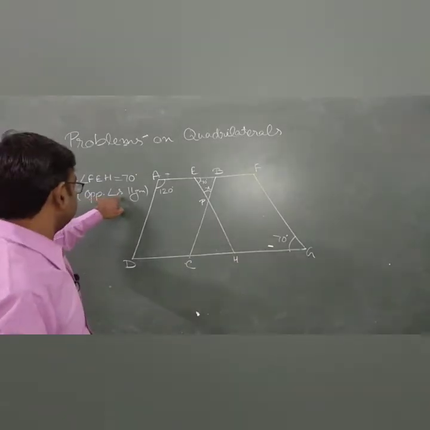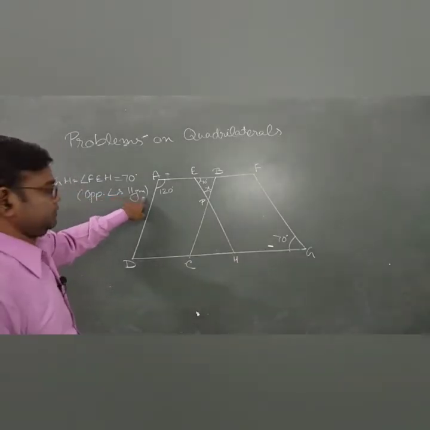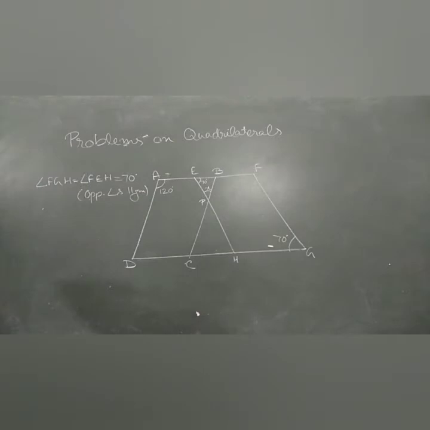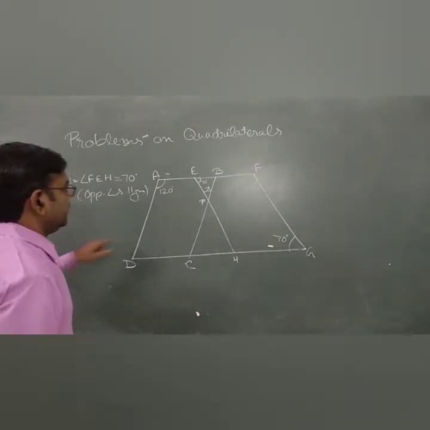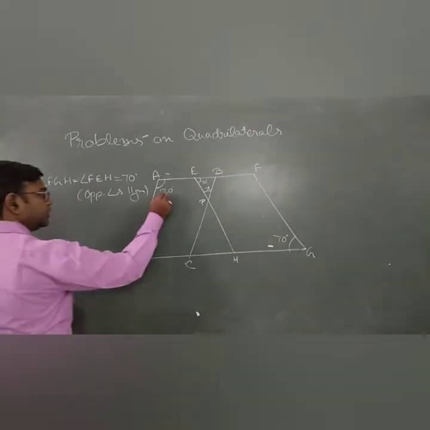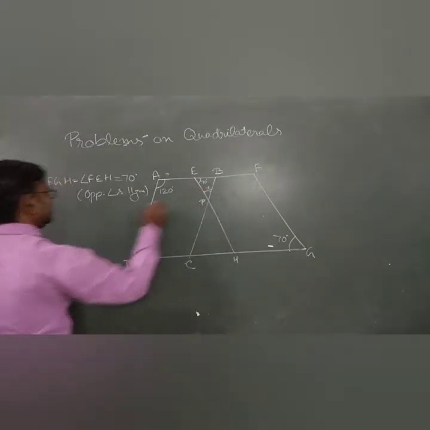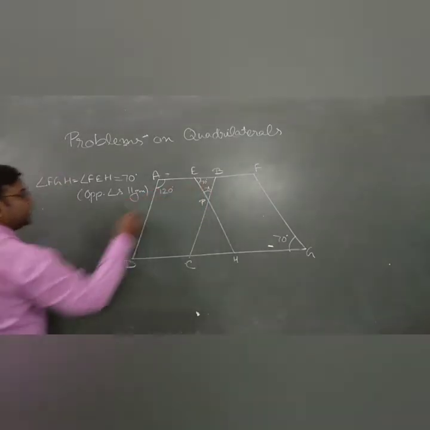Opposite angles of a parallelogram are equal. Then again, we can say that if this one is 120, the sum of these two angles is equal to 180.